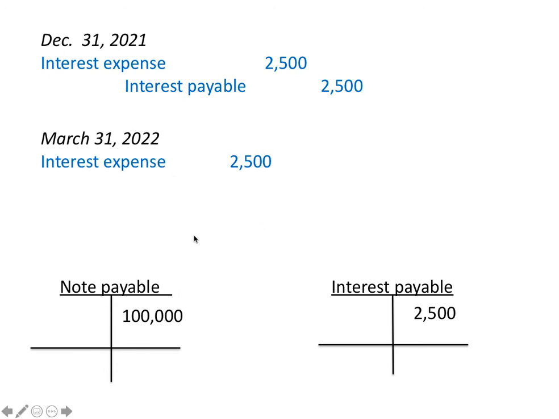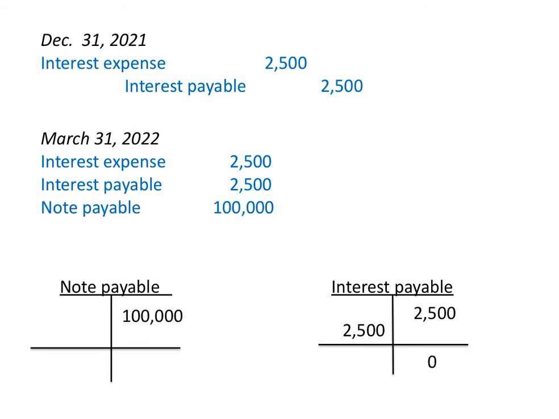On March 31st, when the note matures and principal and interest are to be paid, Marathon will record as a debit to interest expense the additional $2,500 of interest that is to be allocated and reported on the 2022 income statement. The interest payable that was accrued at the end of 2021 is now being repaid, so we decrease the payable with a debit, leaving a zero balance in interest payable.